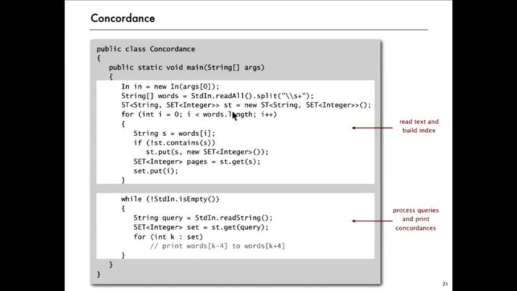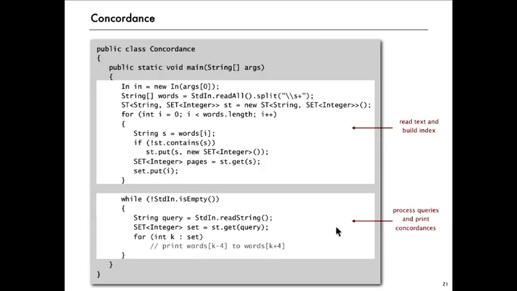So we go through all the words, pick out our key S, and again, if it's not there yet, we create a new set associated with that S, and then afterwards we go ahead and get that set and put the new index on that set.